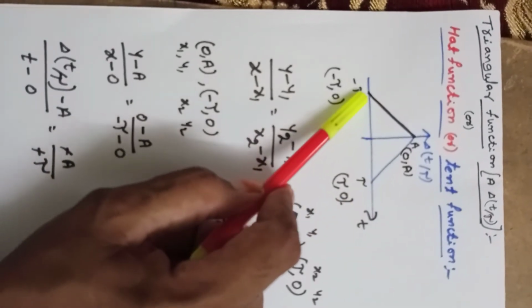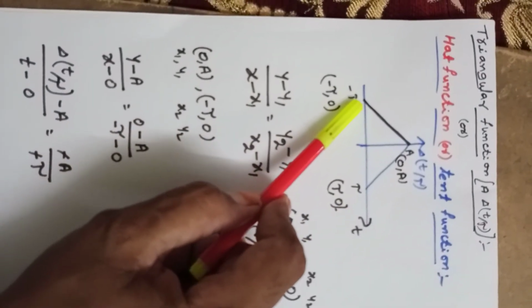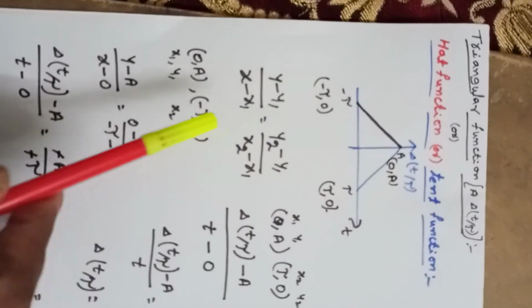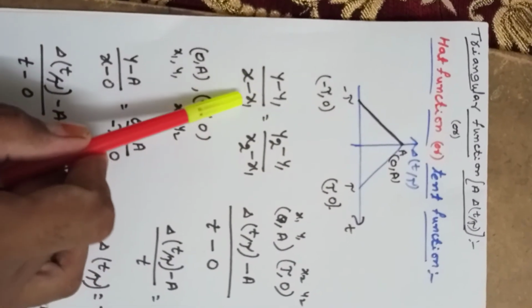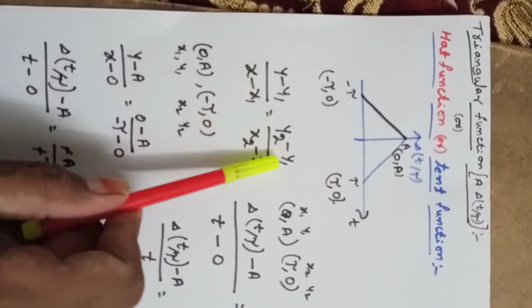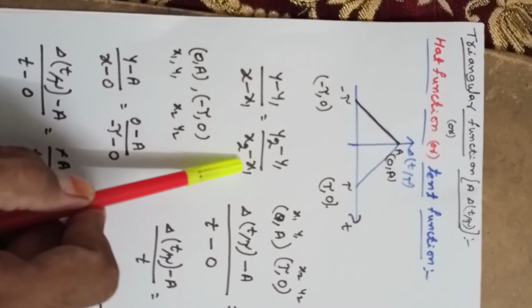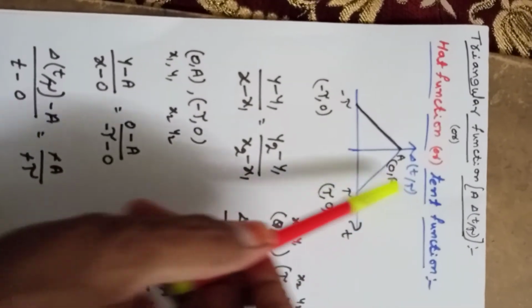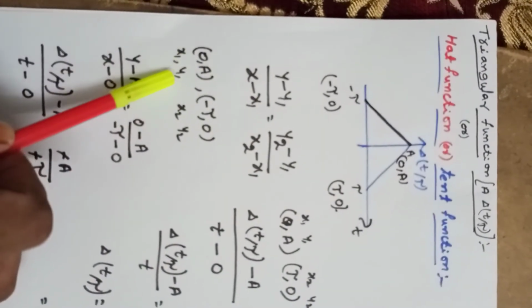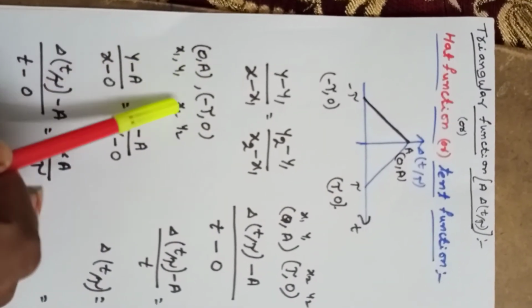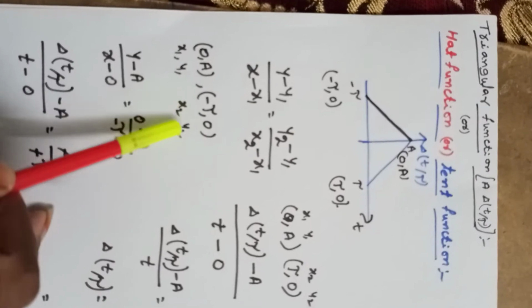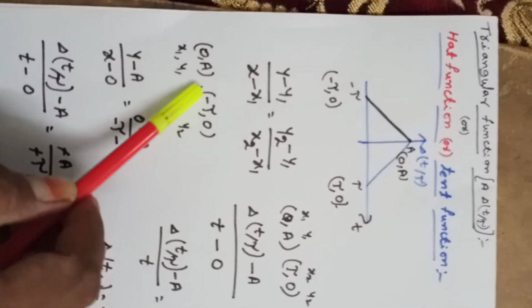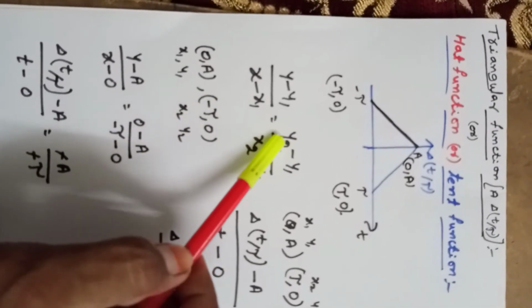First we calculate the left side line equation. y minus y1 by x minus x1 equal to y2 minus y1 by x2 minus x1. Here minus tau comma 0 and 0 comma A: 0 comma A are the x1 y1 points, and minus tau comma 0 are the x2 y2 points. We substitute these 2 points in this equation.